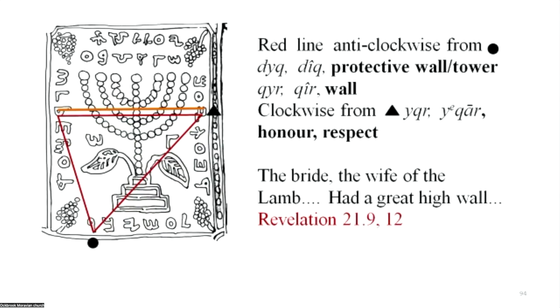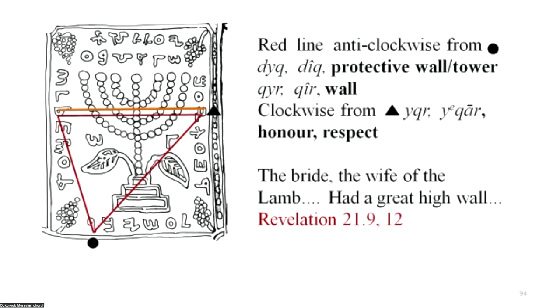And if you read that round anti-clockwise from the black dot, that can mean a protective wall or a tower or a wall. If you read it round the other way, it can mean honor or respect. One of the interesting things about Jerusalem, and we should be looking at Jerusalem tomorrow, first of all, is that Jerusalem is considered to be the female, the bride, the wife of the Lamb.